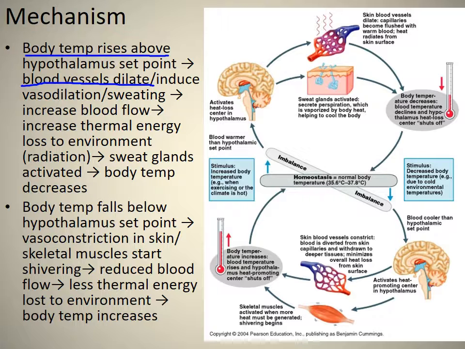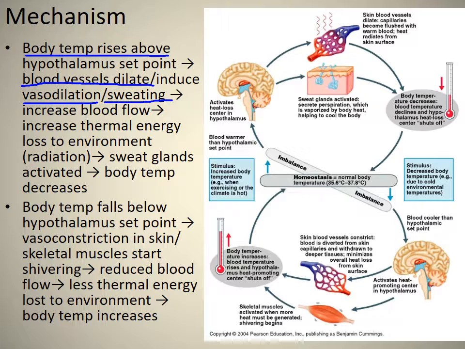Basically, it's called vasodilation. Again, it will send a message to our sweat glands to start producing sweat. Once sweat's produced, the evaporation that occurs because the sweat forms on our skin will help to cool the body. That's when our body temperature rises.